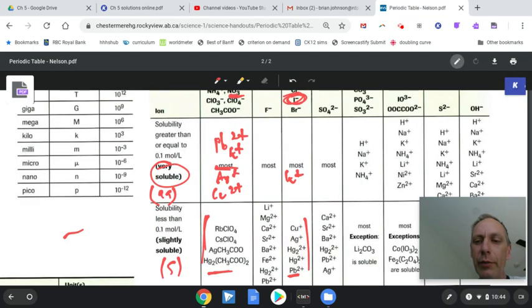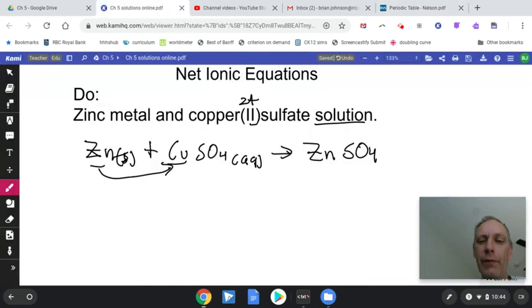Just check the solubility on that. Sulfate and zinc is not there, so it's in the mostly soluble category. So aqueous. And copper is left over on its own, so it is the metal that is replaced. Okay.